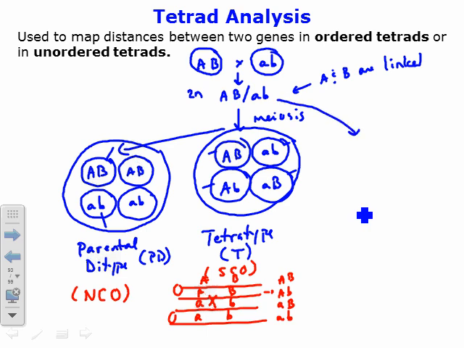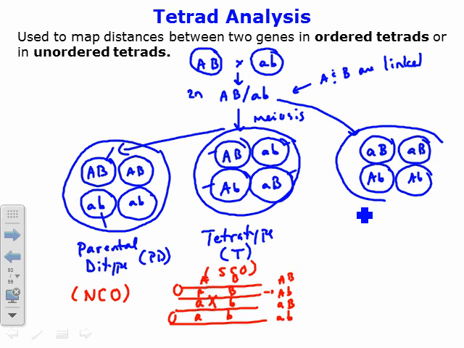Lastly, the third type of spore we could observe is one where we have 2 genotypes. So little a, big B, little a, big B, big A, little b, and big A, little b, all contained within an ascus. In this case, there's only 2 genotypes, right? So we would still call this a ditype, but these are different from the parents.